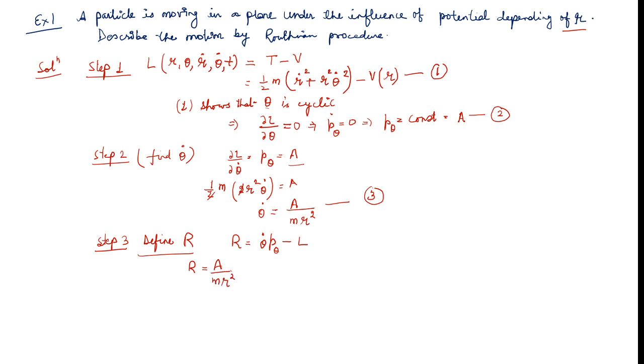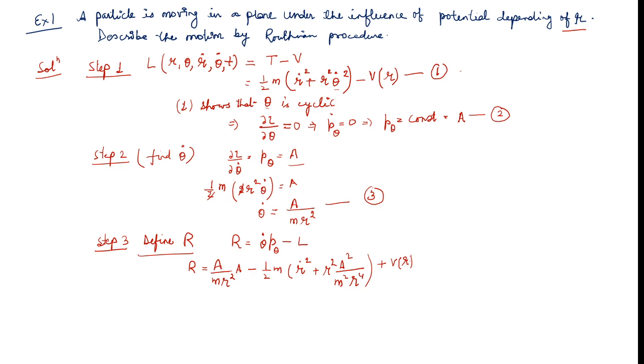Then minus L, where L is half m r dot square plus r square theta dot square, plus V of r. I do not have to write theta dot because R should not contain the velocities corresponding to the cyclic coordinate, so I have to replace theta dot also. So it is a square upon m square r to the fourth, and then plus V of r.